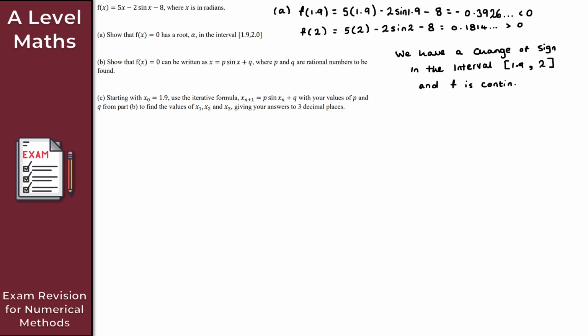So in that case, what this shows is there is a root, in this case alpha, in the interval 1.9 to 2.